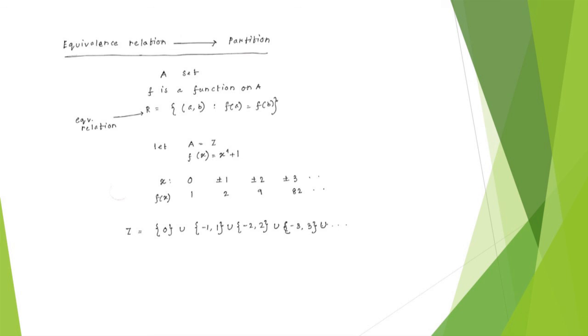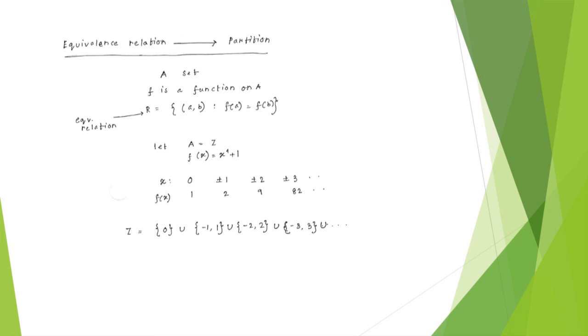So it is very evident that a partition of Z can be written as the union of these sets: the set containing 0, the set containing -1 and 1, the set containing -2 and 2, the set containing -3 and 3, and so on.